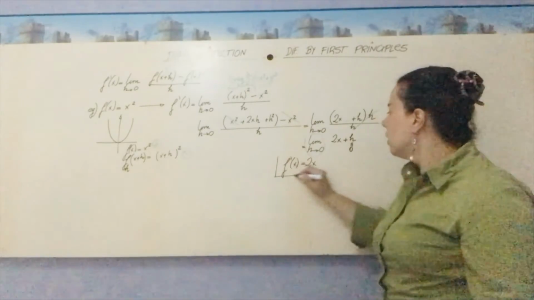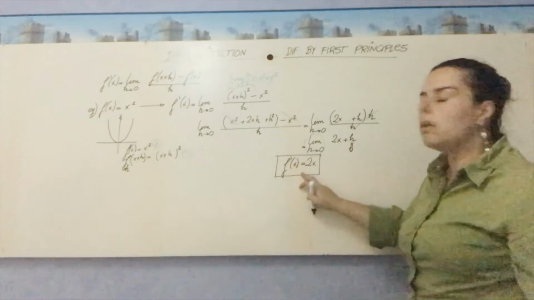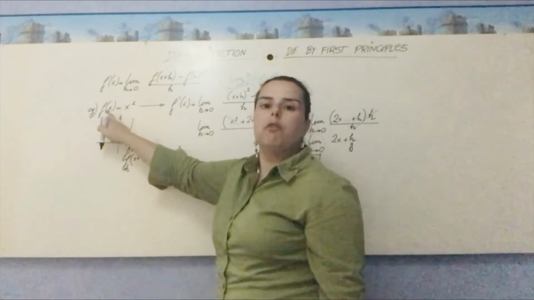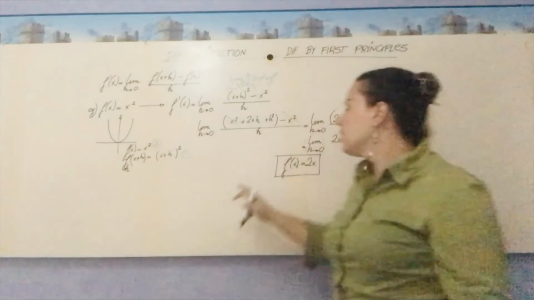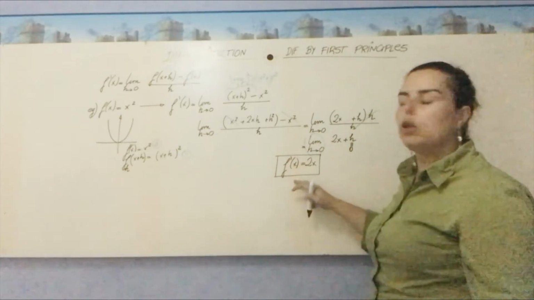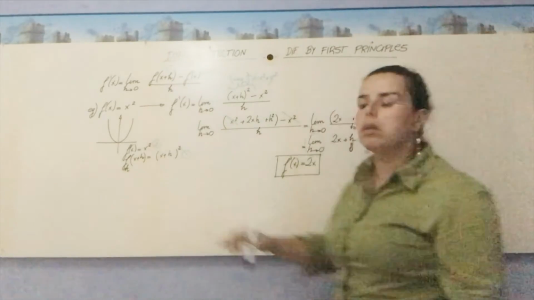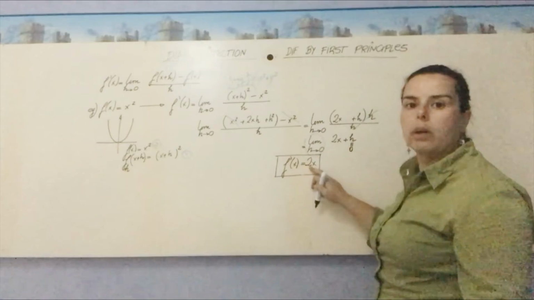So now I can mark it as my answer and say, all right, if my function is x squared, f prime of x, the derivative of that one, using what I know, differentiation by first principles, is 2x.